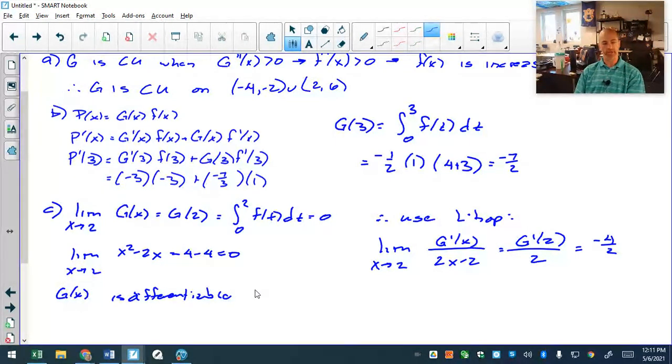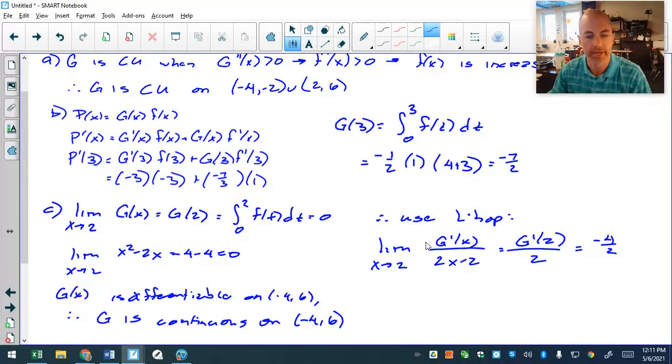G is differentiable on negative 4 to 6. Therefore, g is continuous on negative 4 to 6, which allows you to evaluate the limit as x approaches 2 of g by just substituting 2 into the function g. I'm just going to throw that in here just to cover my bases. They may not require you to write that, but it doesn't hurt.